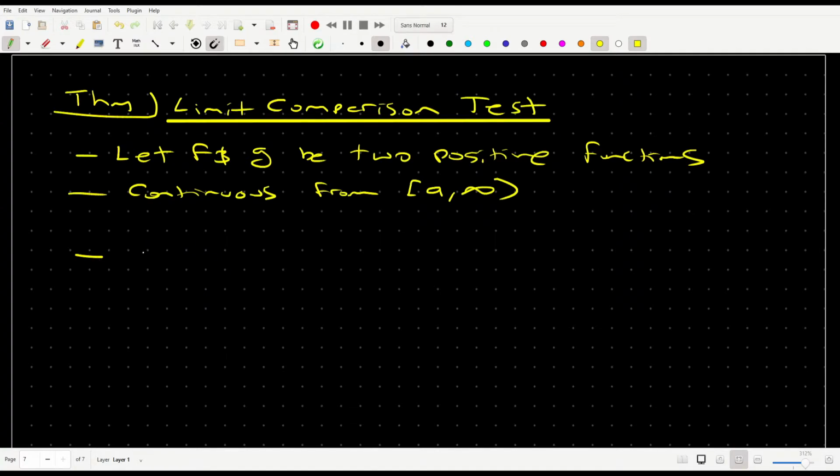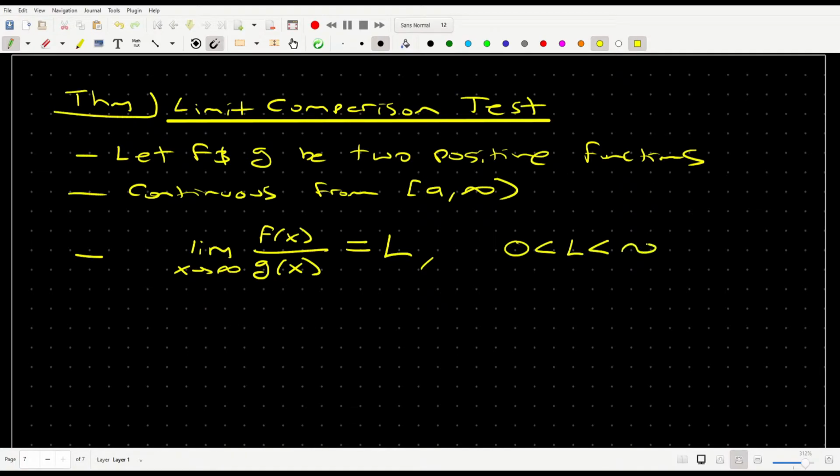that the limit as x goes to infinity of the ratio of these two functions, so f of x over g of x, is equal to some value L, where L is between 0 and infinity.